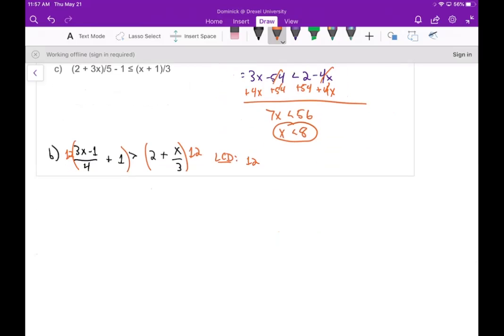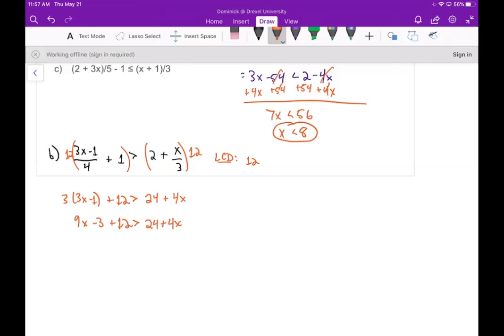If we do that, we're going to end up with 3 times parentheses 3x minus 1 plus 12, and that's greater than 24 plus 4x. So if we distribute, we get 9x minus 3 plus 12 is greater than 24 plus 4x.